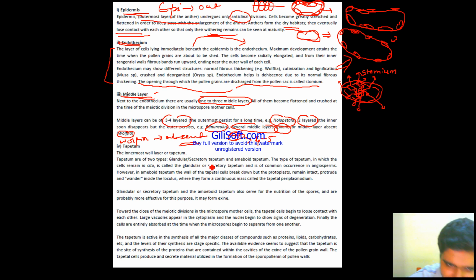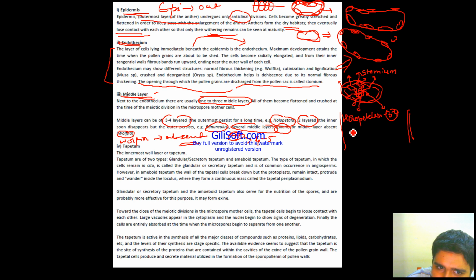So again, remember this content with examples only. You shouldn't remember it just like that. So holopetalia, how many layers has it got? It has got 3 to 4 layers.